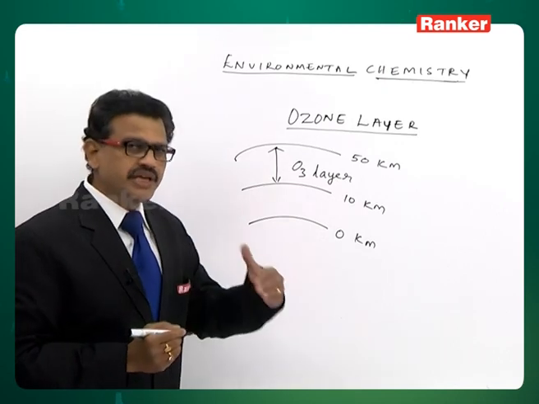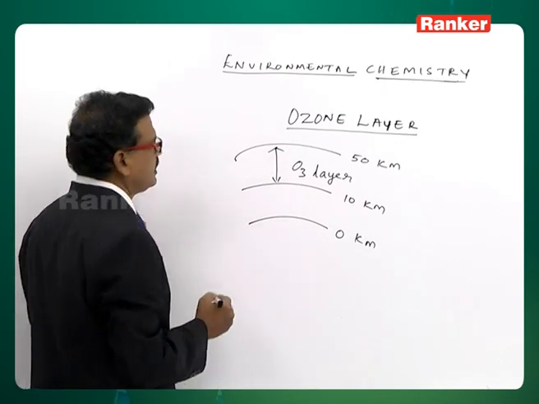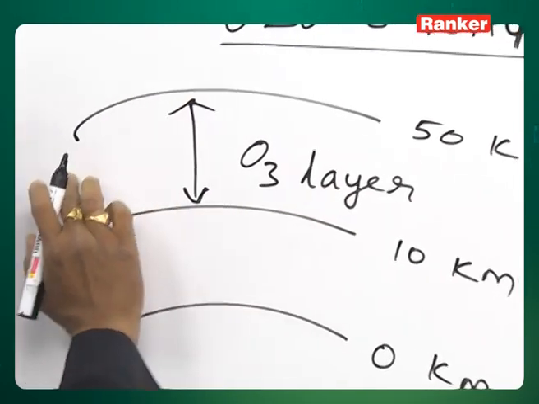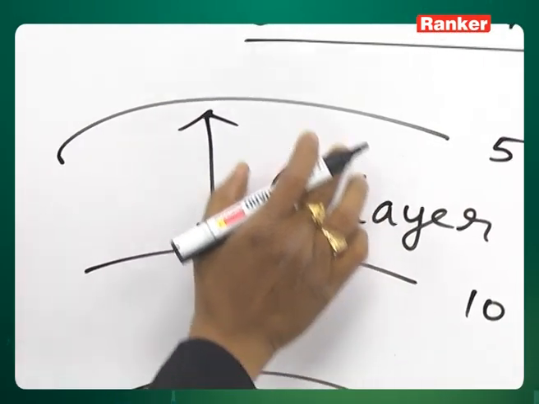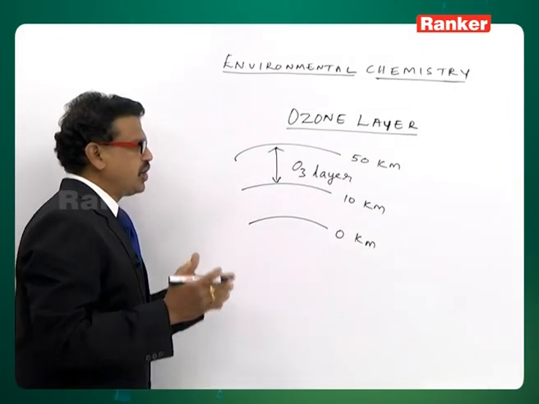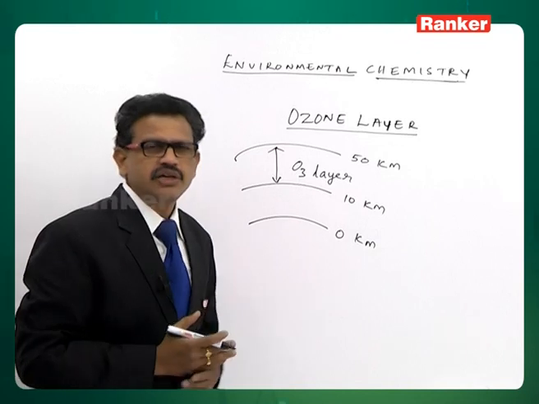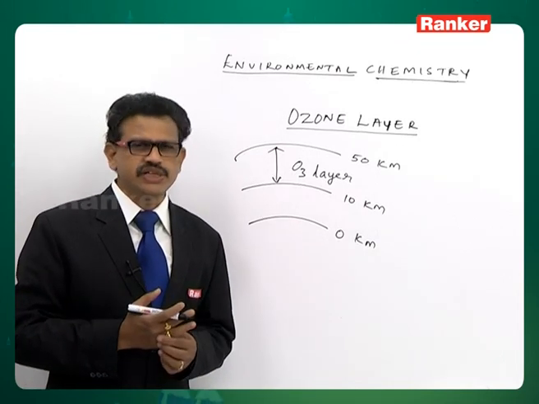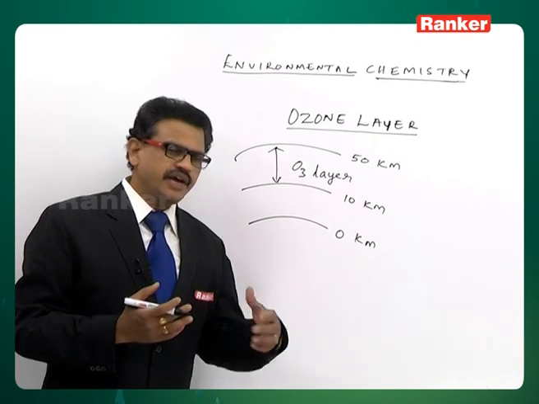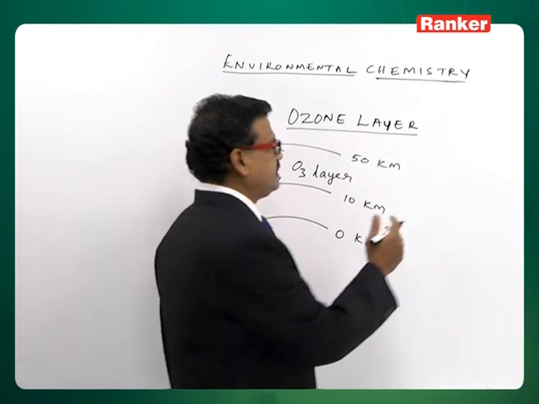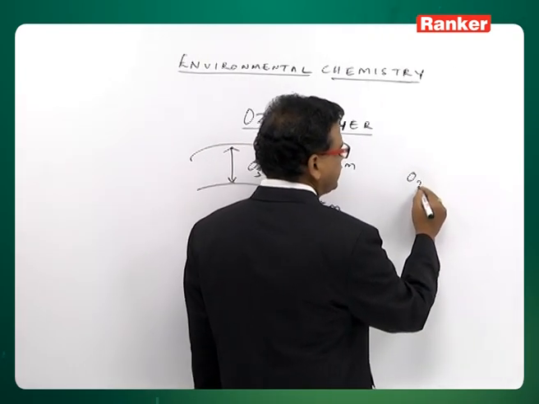This ozone layer begins at around the 35th kilometer and spreads up to the 50th kilometer, and it's a solid, dense, thick layer of around 15 kilometers thickness, and it was produced from the atmospheric oxygen.